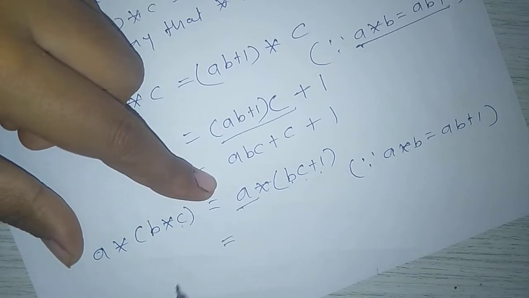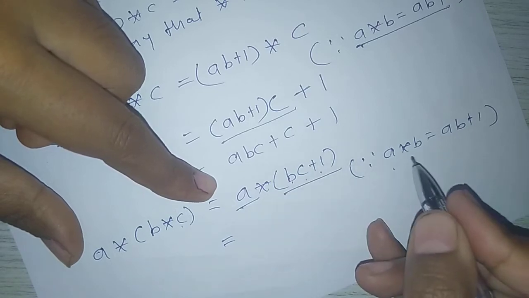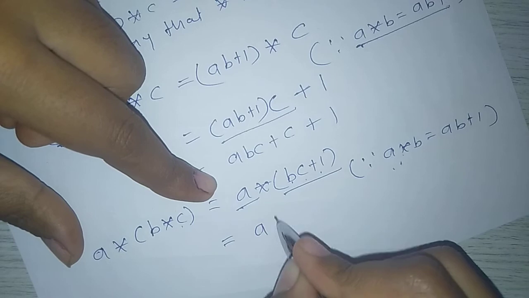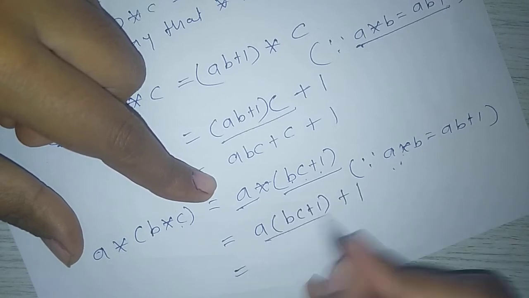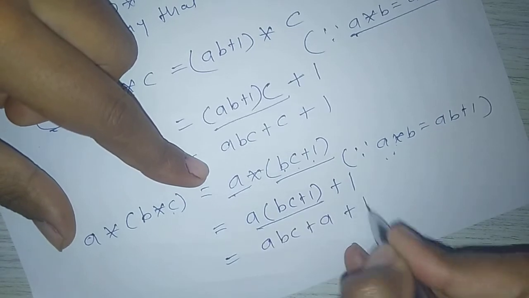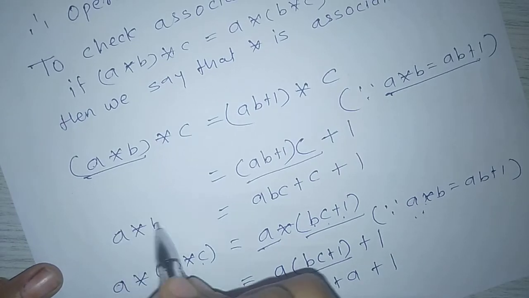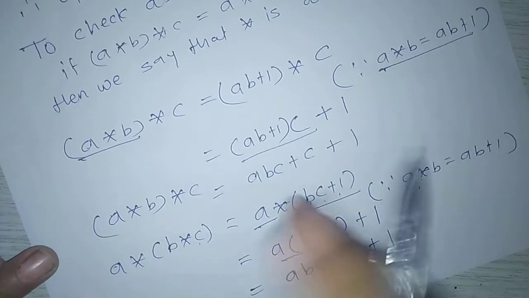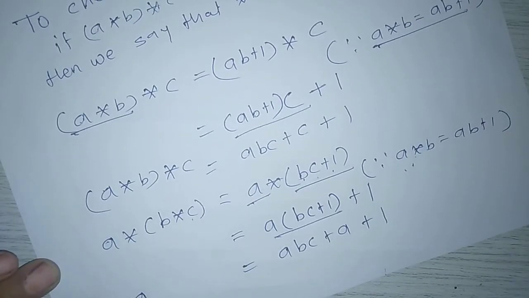Now here first element A, second element the whole BC plus 1. By definition we get A into BC plus 1, plus 1. Solve this bracket, we get ABC plus A plus 1. Now here we get A star B star C equal to ABC plus C plus 1, and A star of B star C equal to ABC plus A plus 1.